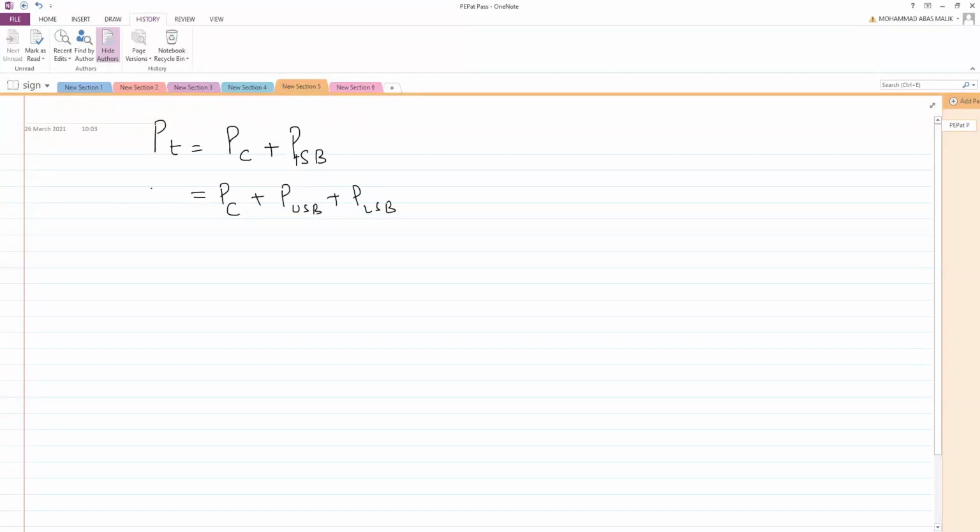This is your equation. Now you already derived the value of this PC and sideband power from the equation of standard form of AM. You know the standard form of AM.